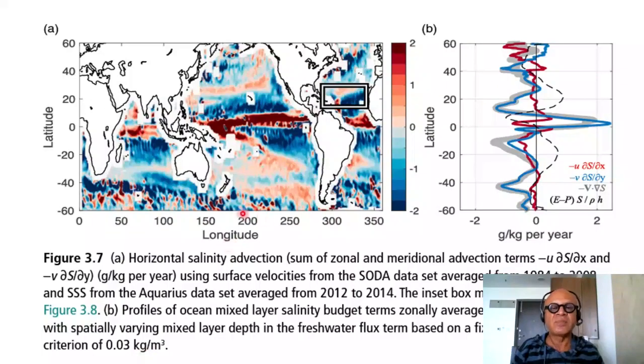So you can see the complexity of doing these, but nonetheless you can clearly see again where the advection terms will be strong: under the ITCZ, at the subtropical gyres, at the fronts between ITCZ and the subtropical gyre, advection terms across the subtropical gyres and across the equator and the ITCZ here, lots of eddies here in the Southern Ocean, and the terms here again correspond to the E minus P and the salinity profiles we looked at before.